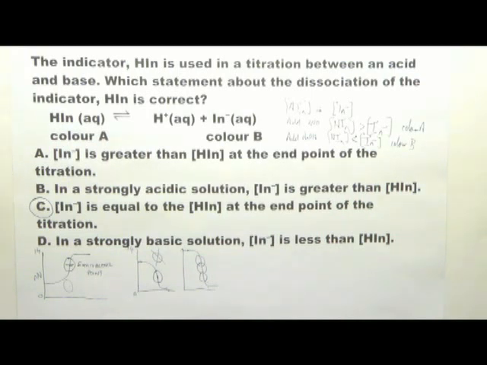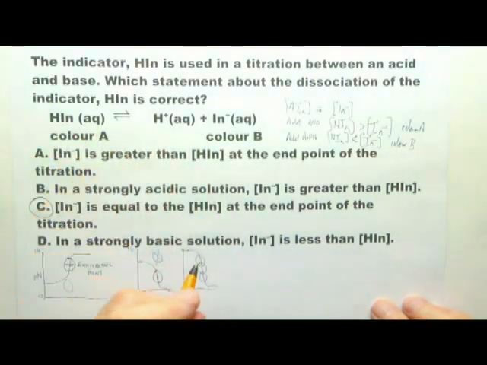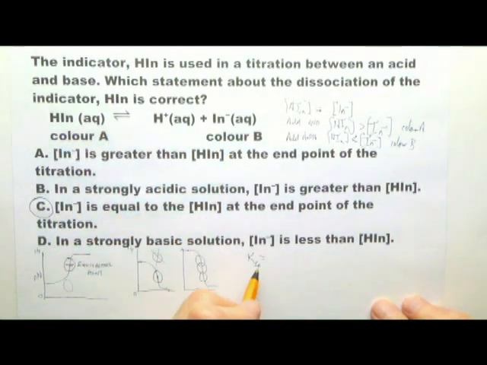Now, the next question is, how do you work out what is the pH value at the change? The way to do that is to look at this reversible equation and put it in the form of an equilibrium constant. This is an ordinary equilibrium constant. In the case of acid dissociation, or acid ionization, you could call it Ka.